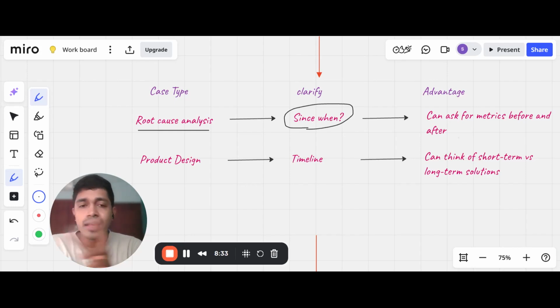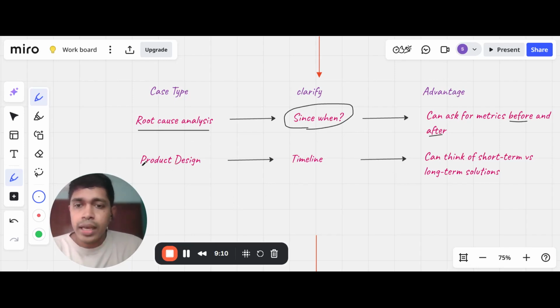So if I get these two, numbers before and after this time, I can understand where exactly is the drop happening. Maybe people stop using one particular feature in last 1 month. If that is the reason, I can understand which is that particular feature by just asking about the metrics before and after. So that is why I usually ask these kind of clarifying questions.